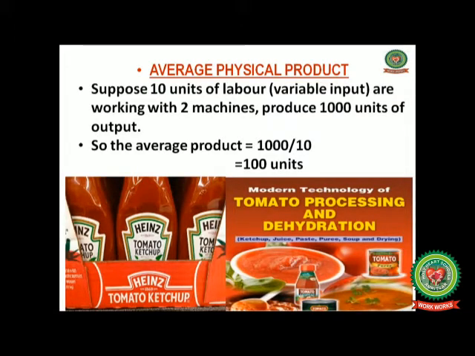We can calculate the average product by dividing the total output by the variable factor, that is labor. Total output was 1000 units of sauce packets, and divided by 10 units of labor, we get 100 units. This 100 units means the production by each and every laborer. This is a per unit production.